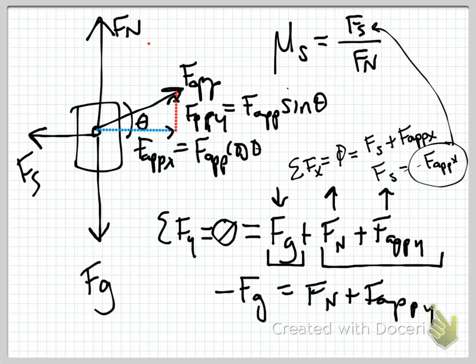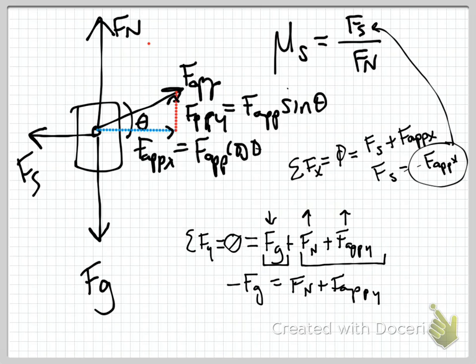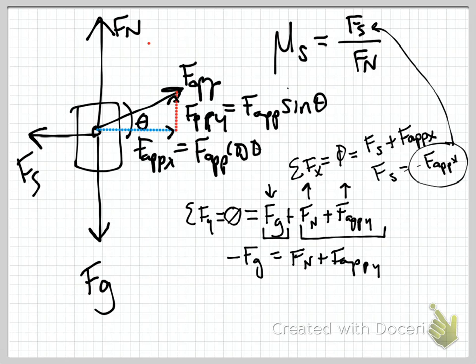I'm basically putting all the down forces on one side of the equation, all the up forces on the other. Well then I can say the negative of the force of gravity minus the applied force on the y is going to be equal to f of n.